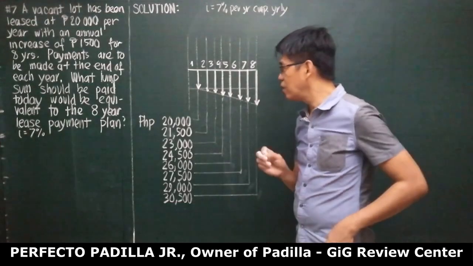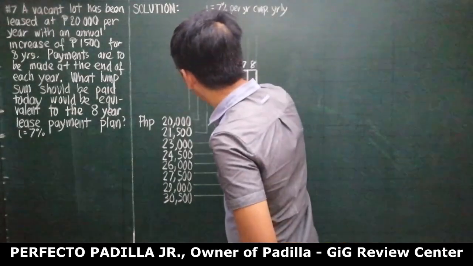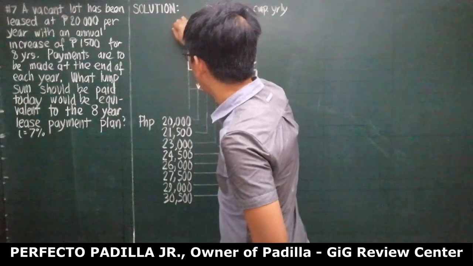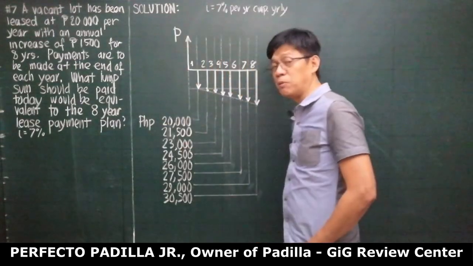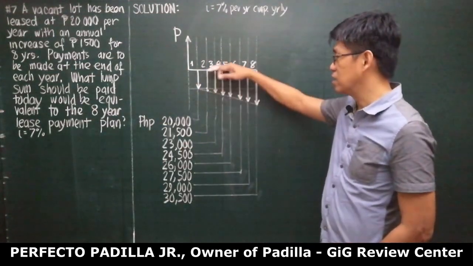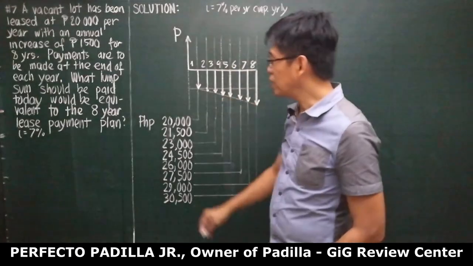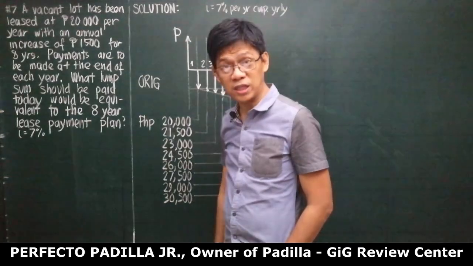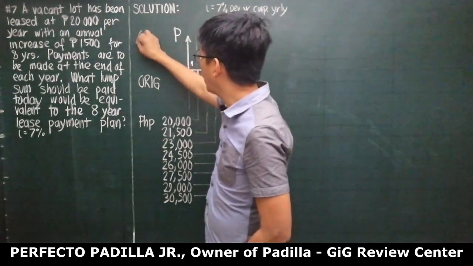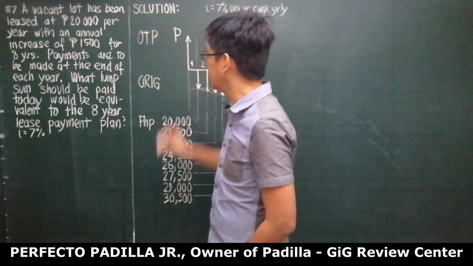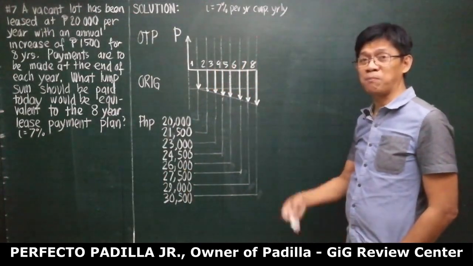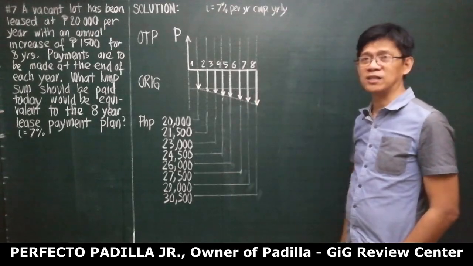Okay? So, ang tinatanong, how much lump sum today, that is at time 0, tawagin nating P, will be equivalent to this one. So, ito yung original option. Original is, ito, one-time pay, na? Okay? So, magkano daw yung one-time pay ngayon para wala nang intindihin?